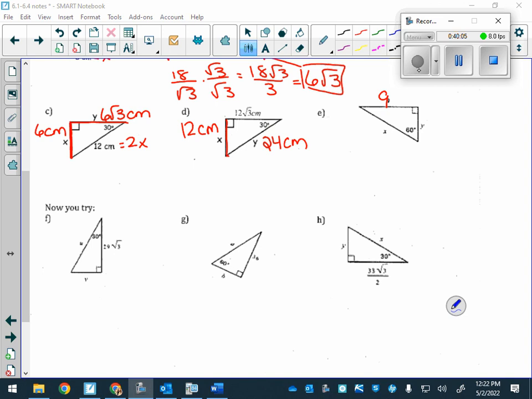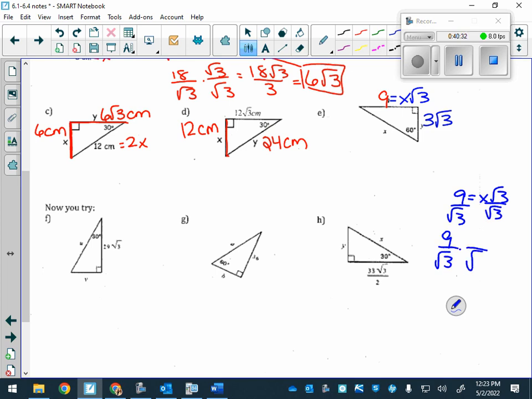For E, let's see, Y, what do we get, Sam? 3 root 3. How many of you did get that? Okay, you set 9 because it's across from 60 equal to x root 3. So I'll write it right here. You divide both sides by root 3.